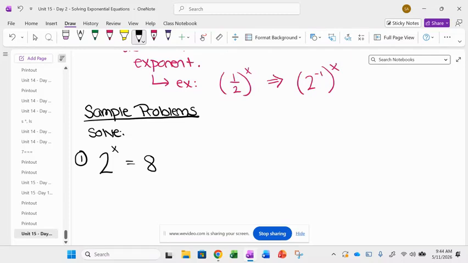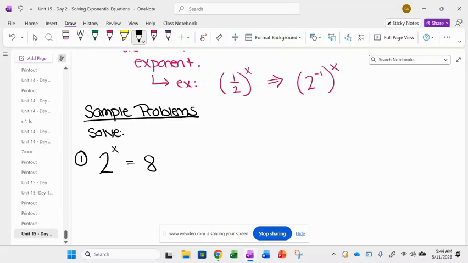No. So I'm going to start with a simpler problem to show you the process. When we have an equation where the variable is the exponent, what we want to do is make the bases the same if possible. It's easier to make a larger base into a smaller base. So you have to ask yourself, is there a way to change 8 into a base of 2 by raising it to some exponent?